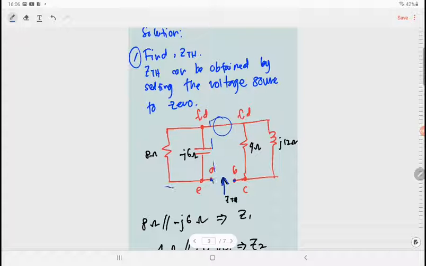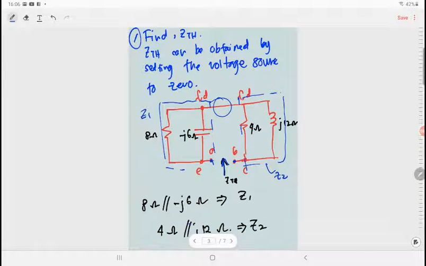We can represent this part as one impedance, Z1, and this part as another impedance, Z2. So Z1 is 8 ohm parallel with negative j6, and Z2, this part, is your 4 ohm parallel with j12 ohms, right?